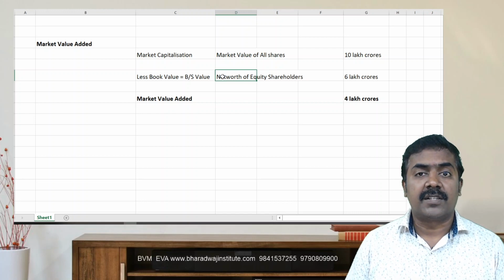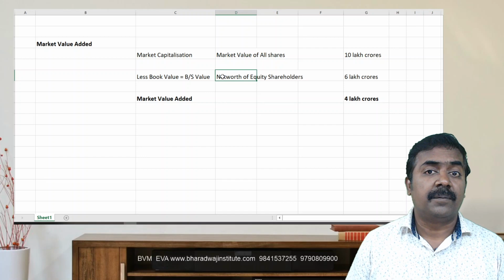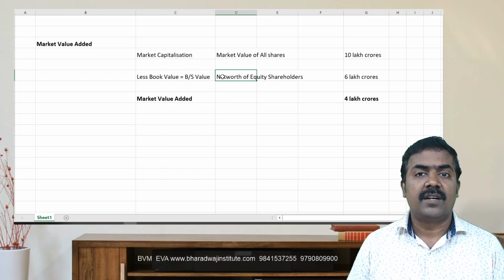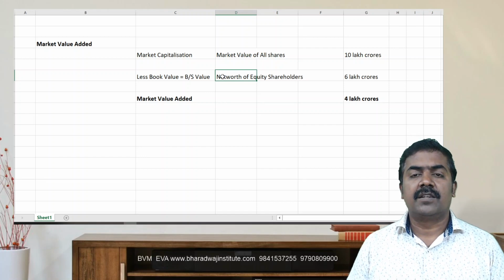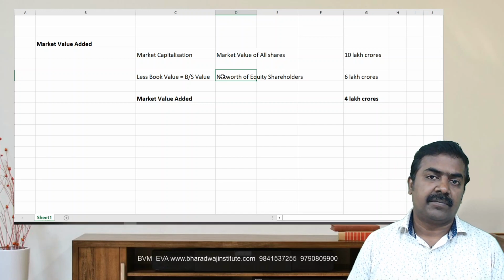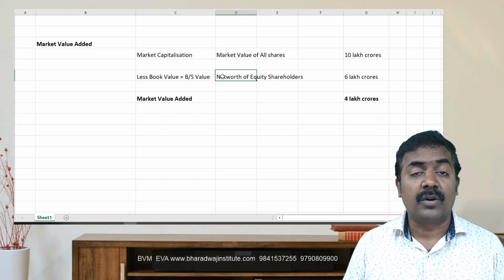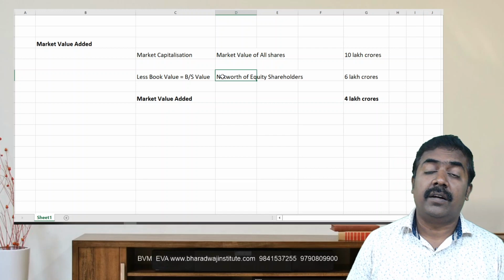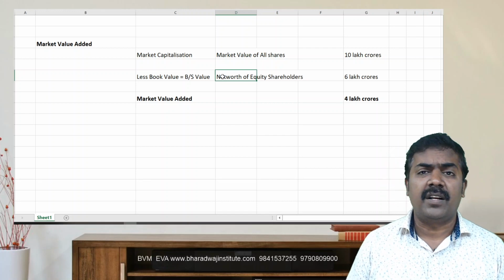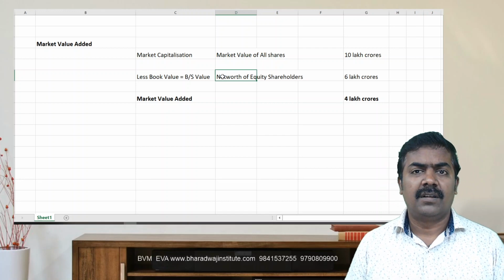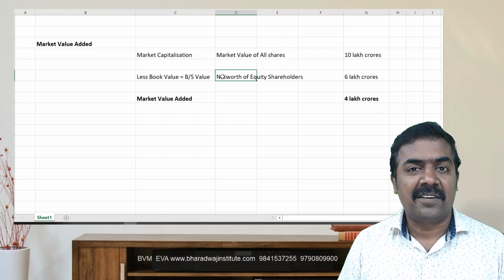I was thinking it's a good company, a Navratna, and it would earn me good profits. But after holding it for many years, the share price did not improve. While valuing the shares, I thought book value is 80 and market value is only 40, so I'm just paying 50%, but it became 30% later on.